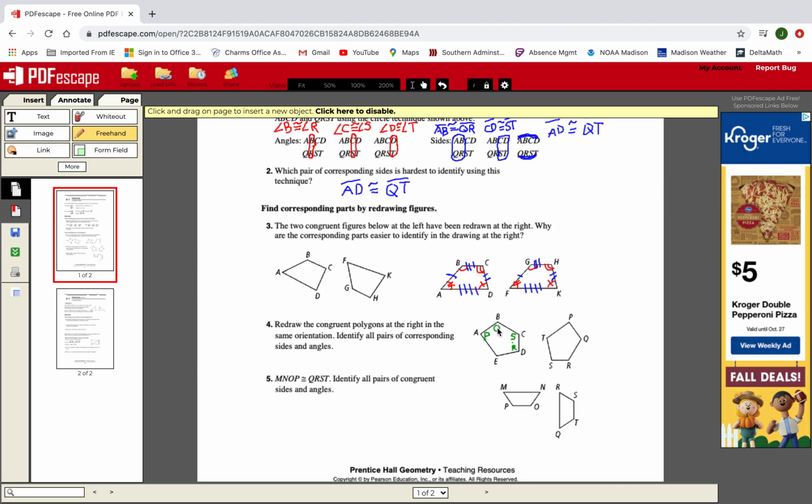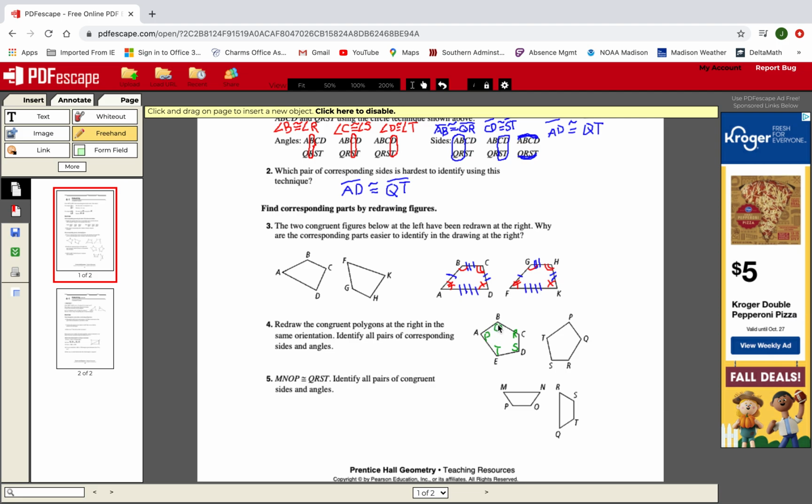This is going to be Q, which is actually going to make that R, and this S, and that one's going to be T. Okay, so let me go back and fix that, because my R and my S are in backwards places. Okay, so my R's here. This one's R, this one's S, okay, which makes this one T, and this one P, and this one Q.